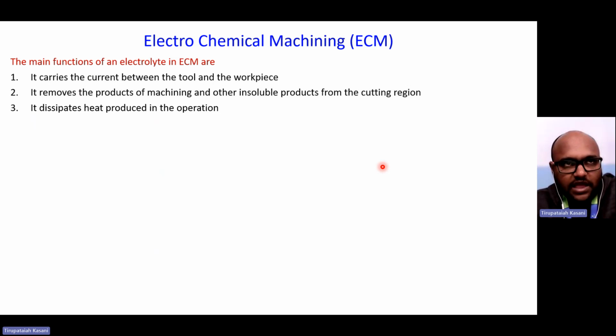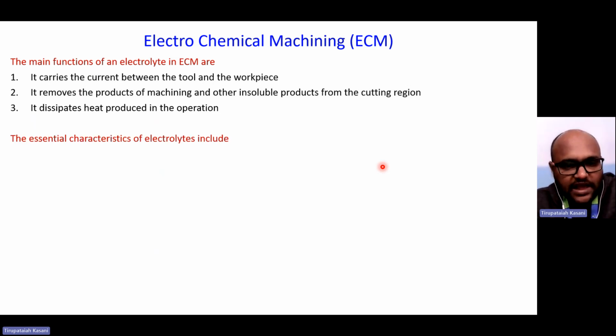Because every time a fresh electrolyte medium is exposed to the workpiece and the tool. If it is standstill at that position, then the reaction may be high. That is the reason why, if any amount of heat accumulates during this reaction, either at the tool or at the workpiece, that excess heat will be taken away by the electrolyte.